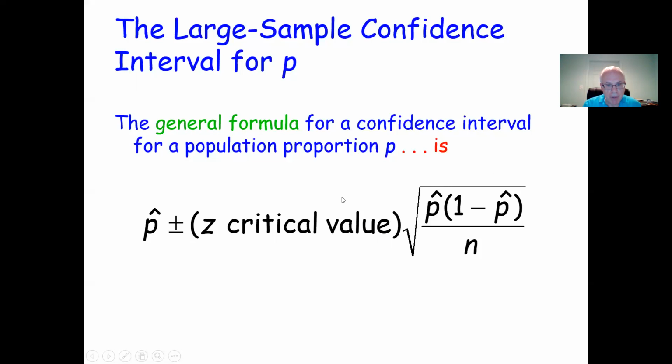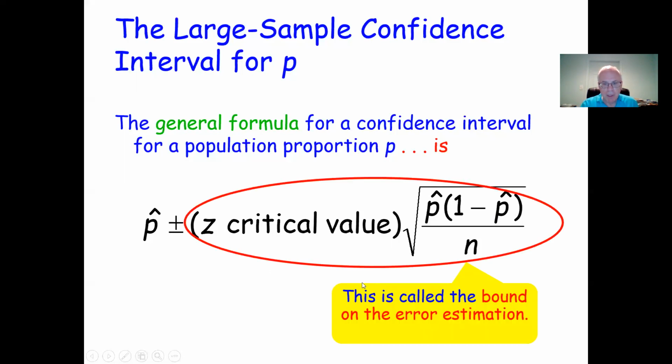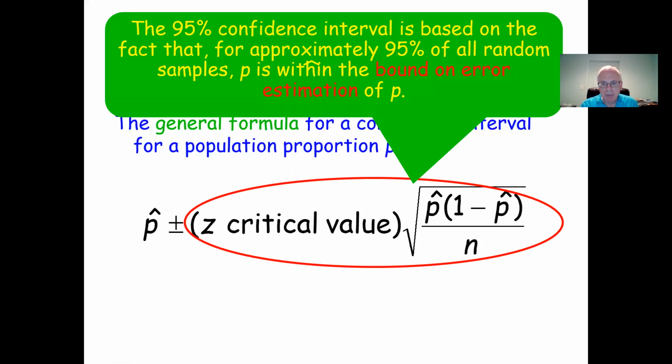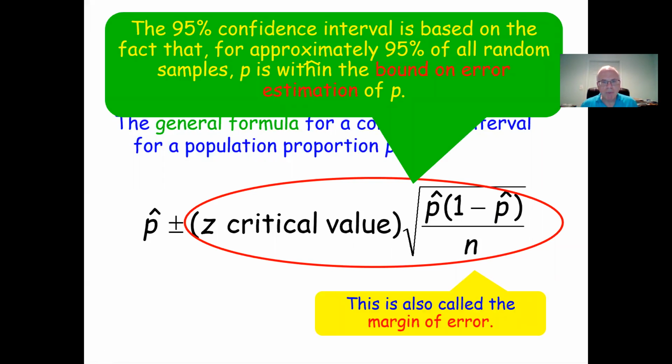The critical value times this square root, which is the standard error for a sampling distribution of a sample proportion. Okay, so it's the point estimate plus or minus the margin of error. They call it a bound on the error estimation in the book. The term I use is margin of error.